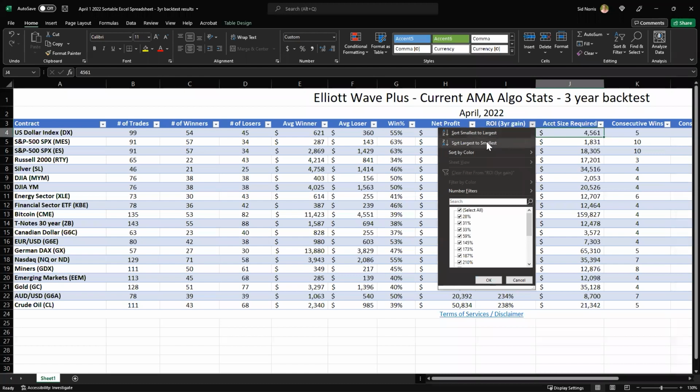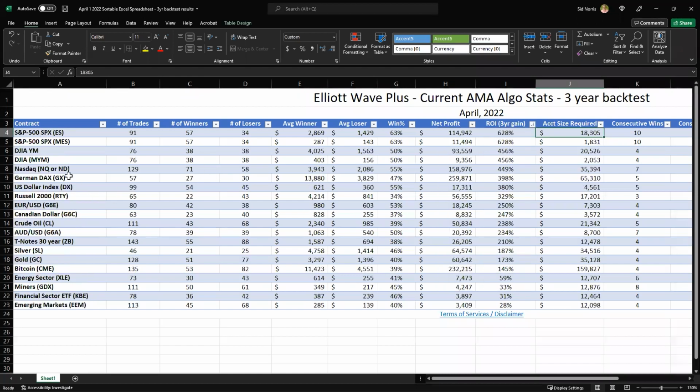So I'm going to go back to the return on investment. This spreadsheet, we would be happy to email to any of you that email us and ask for it. We will also post it in our next blog post, and we'll give you a link to download it. It's in full Excel format.